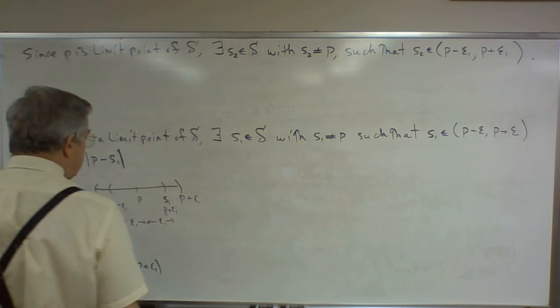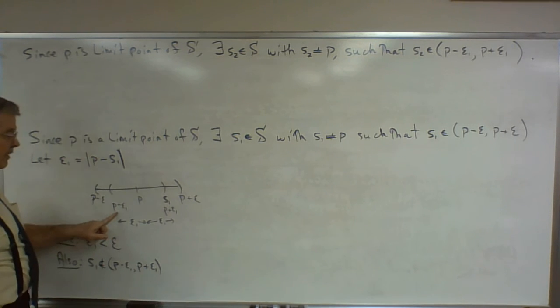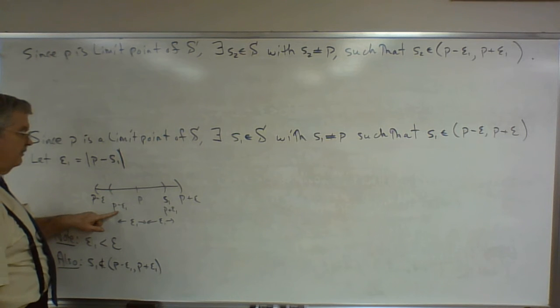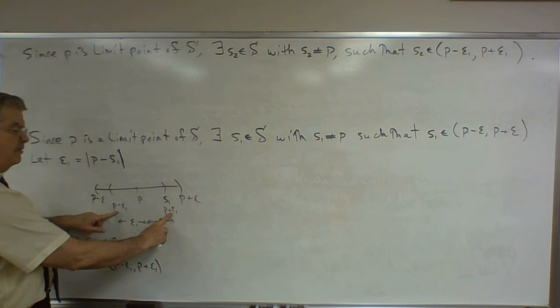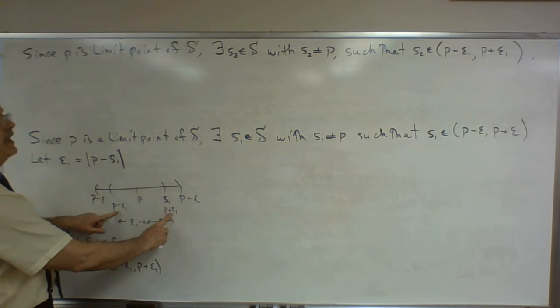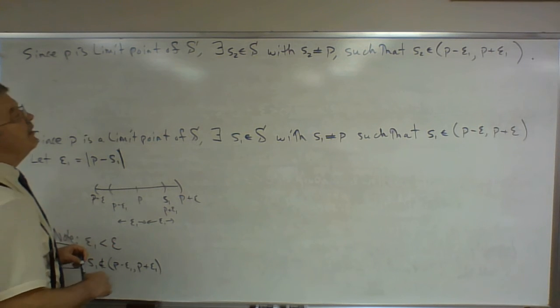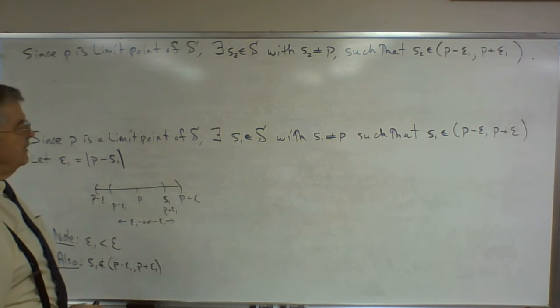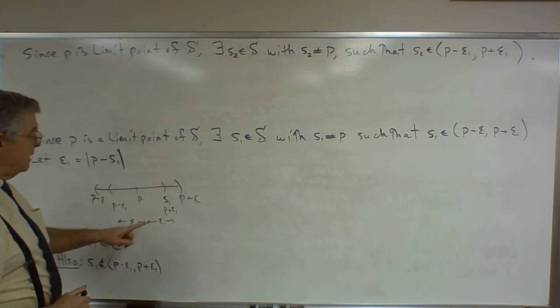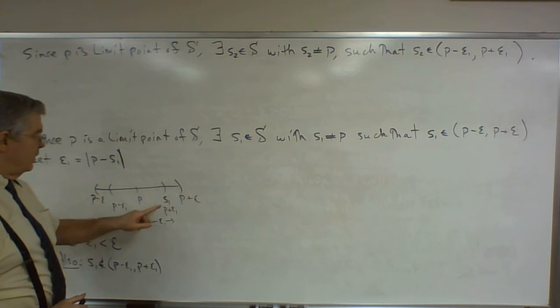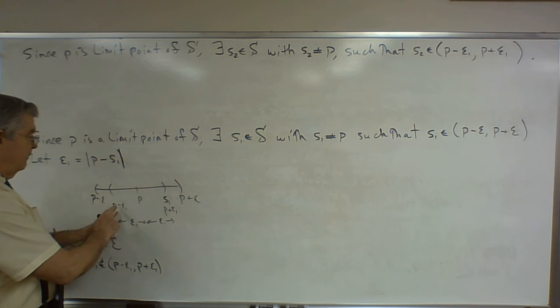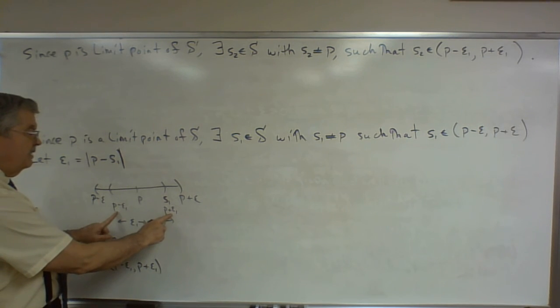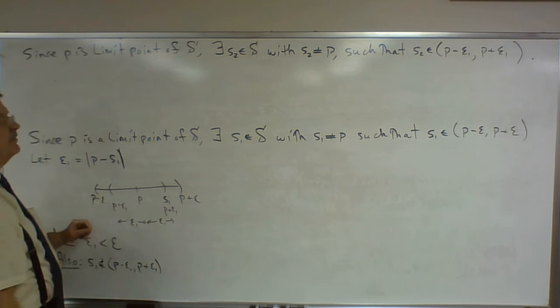See, we have a new open interval now, the open interval from P minus epsilon sub 1 to P plus epsilon sub 1. And this open interval has to contain an element of S other than P. And that element can't be S1, because S1 is not in the interval from P minus epsilon sub 1 to P plus epsilon sub 1.